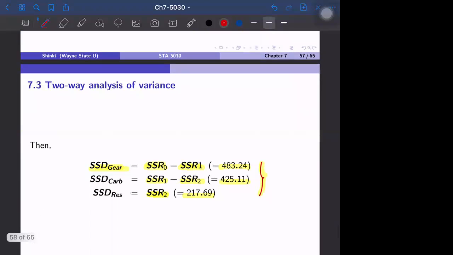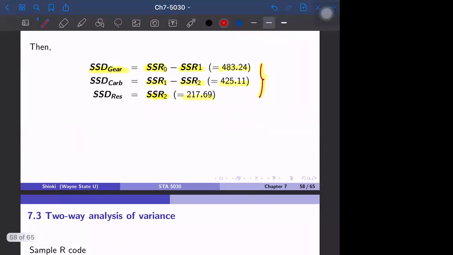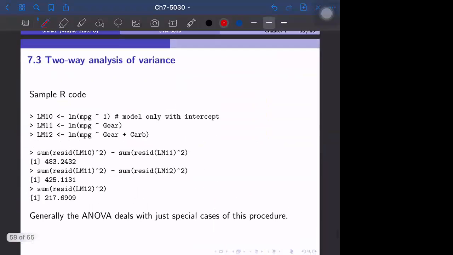In this way we can calculate the ANOVA table, and then you can calculate everything. ANOVA is a special case of linear regression. But since we haven't studied the regression model with multiple predictors, we cannot really explain everything from the chapter 6 material.